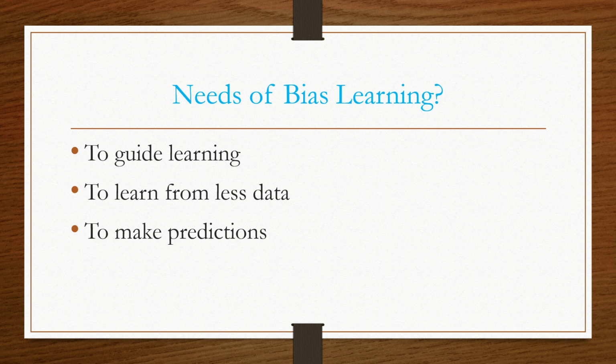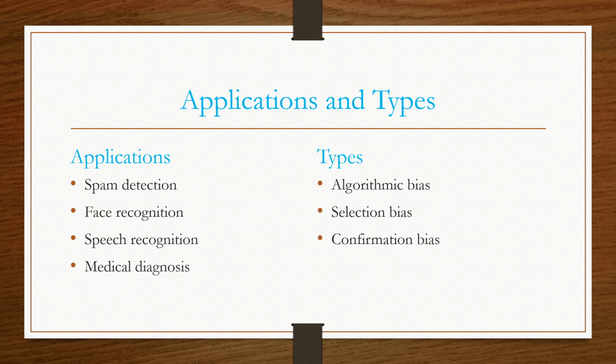Next is to make predictions. In the real world, we often apply models to new data. Bias gives the models the logic or assumptions they need to predict correctly even when they have not seen similar examples.